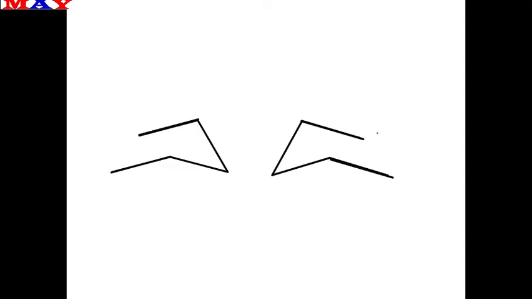And then similarly, these two lines from this side are joined to a point somewhere like this. This gives us two structures of chair form of cyclohexane, which are mirror images of each other.